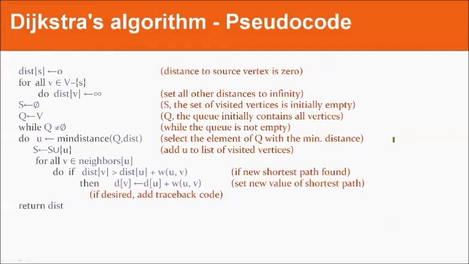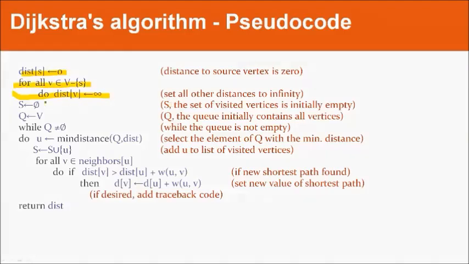Okay, so this is the pseudocode of Dijkstra's algorithm. The distance to the source vertex is 0. For all V in the vertex set, set the distance of the vertex, so all other distances are set to infinity. That's the meaning of this pseudocode.